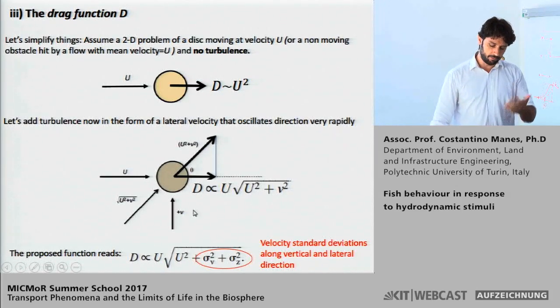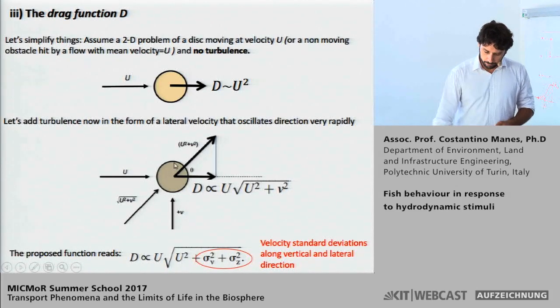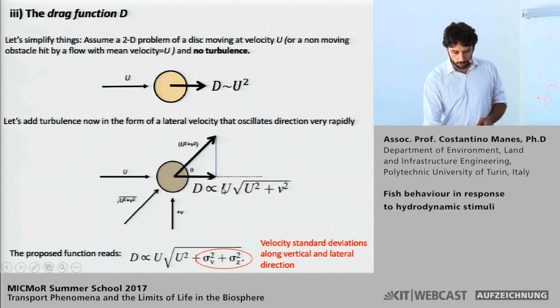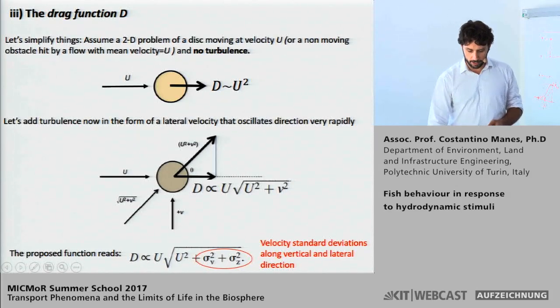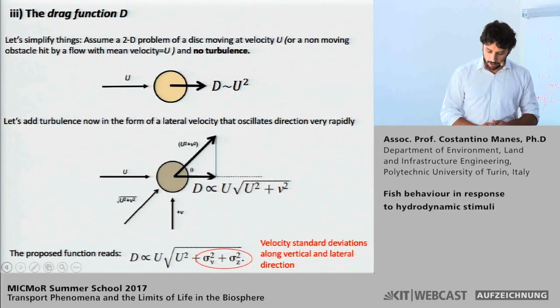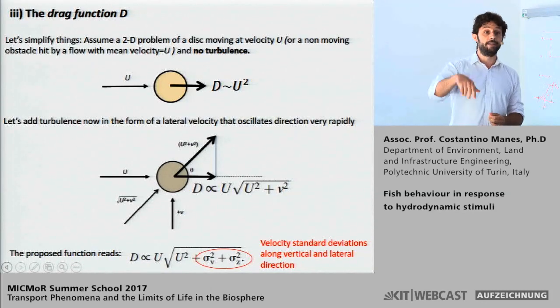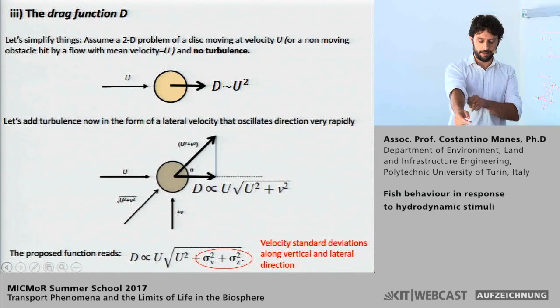Whenever you add, in an idealized case, a fluctuating lateral component, the drag, if you do the math, becomes proportional to the velocity multiplied by the square root of the sum of the squares of the two velocity components, u and v. This is very easy to show, and this is due to the nonlinear dependence between drag and velocity.